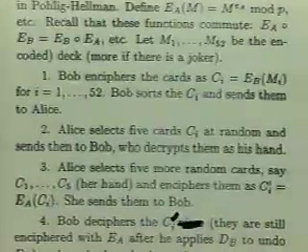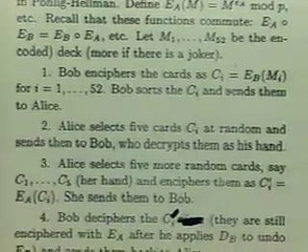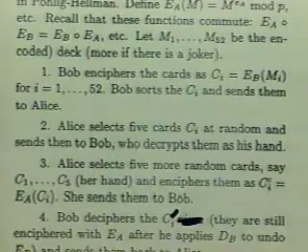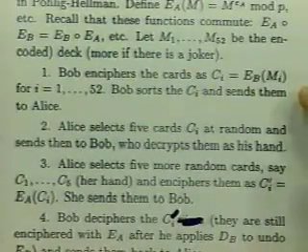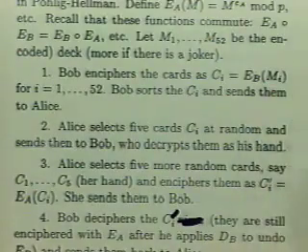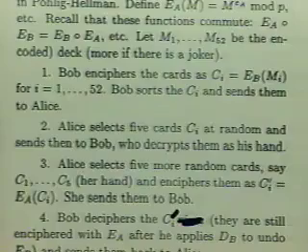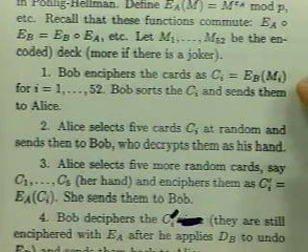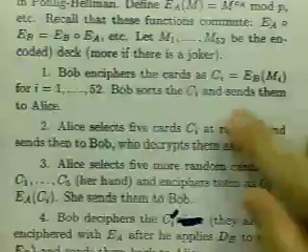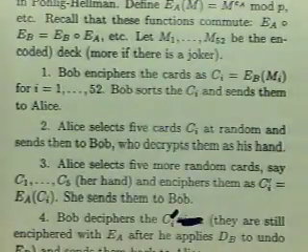So Bob enciphers the cards as CI equals EB of MI. Recall that Bob can do EB. Bob can also do DB, but Bob can't do EA or DA. Only Alice can do those 2 functions. So Bob enciphers the 52 cards, producing 52 numbers modulo P, C1, C2 up to C52.